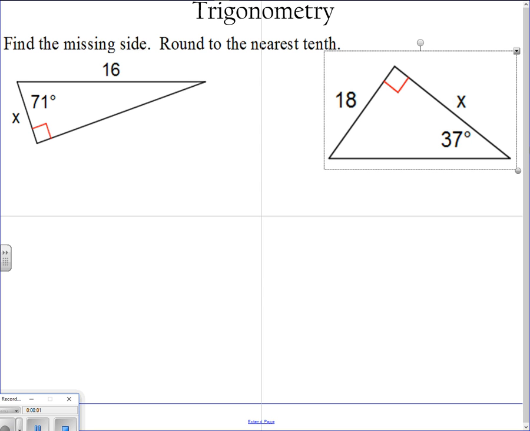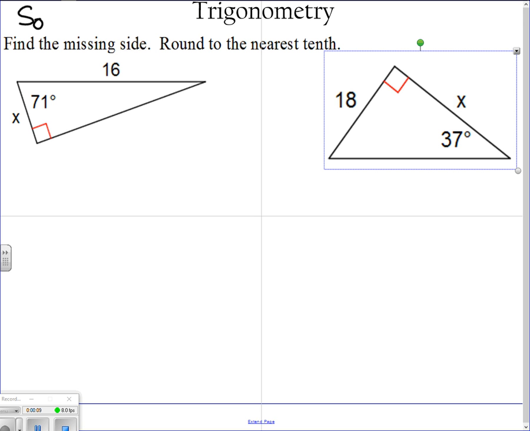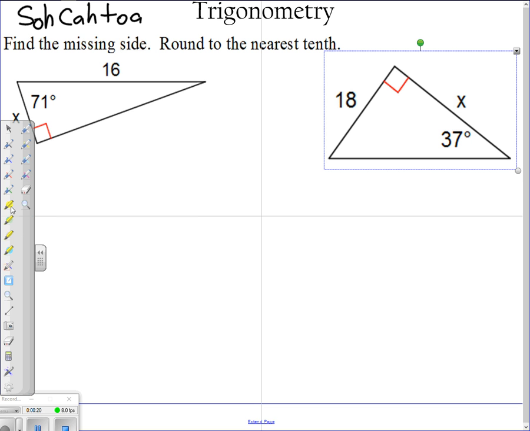Okay, this video is on trigonometry. And remember, for trigonometry, you need to memorize SOH, CAH, and TOA. So, SOH-CAH-TOA. The S is for sine, the O is for opposite, and the H is for hypotenuse.